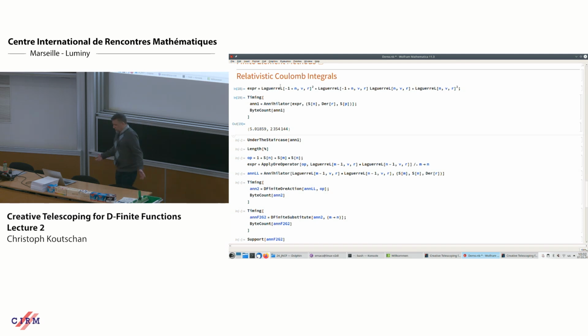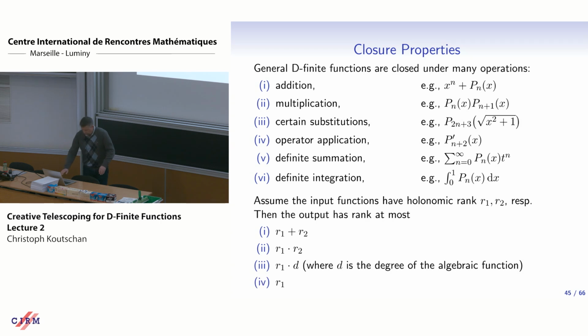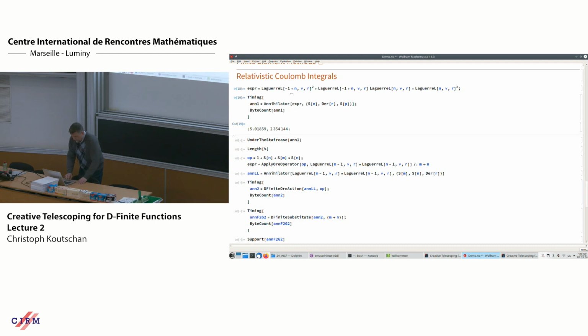If you remember what I showed you on this slide, if we multiply two things, the ranks multiply. If we add two things, the ranks add. So here we multiply two things of rank 2, that would give rank 4. And this happens 3 times, so very naively you expect rank 12.